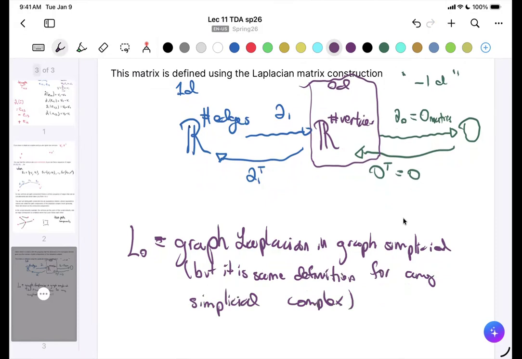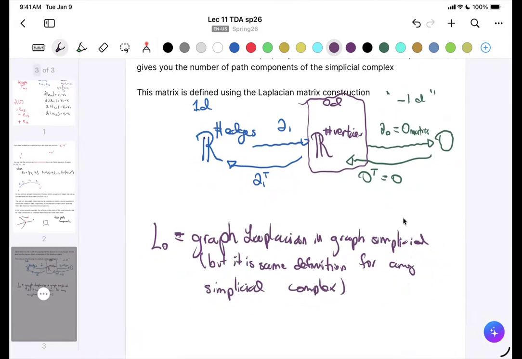Again, if you started with the vertex, you have to imagine that you started here with the vertex and you want to think of all the ways, using these matrices, that you can go back and forth. Well, if you use the green matrix, you get the zero matrix applied to a vertex, which just gives you zero, right? And then when you go back, it would just give you zero. So in this case, this one doesn't give you anything interesting, though for other situations it will be.